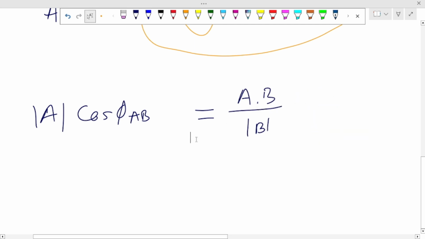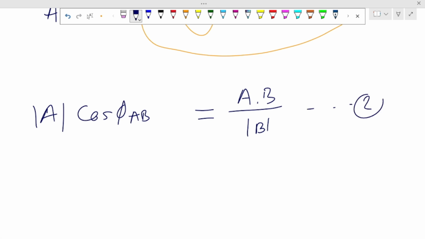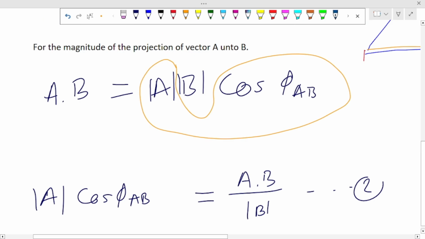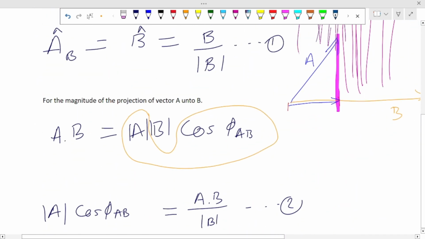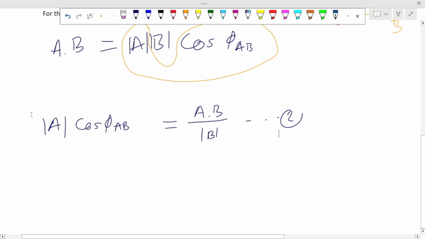Alright, so now we have the magnitude. Equation 1 is the direction of the projection of A onto B, while equation 2 is the magnitude. And of course a vector has magnitude and direction, so we just have to join equations 1 and 2.